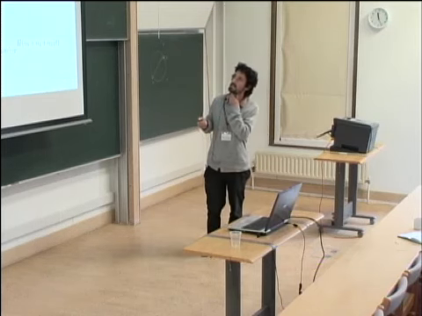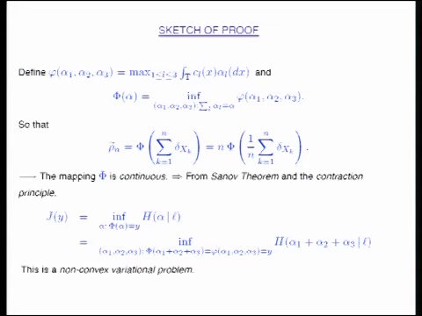So to be more precise, if you define phi of three measures, alpha 1, alpha 2, alpha 3, as being the maximum over all cells of the cost C_L times alpha_L of dx, you can see that rho tilde, the optimal soft allocation cost, will be a function of the empirical measure, where phi of alpha is just the infimum over all the ways you can split this measure into three measures of the cost.